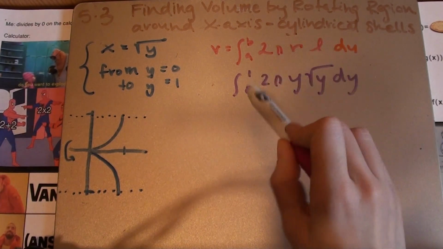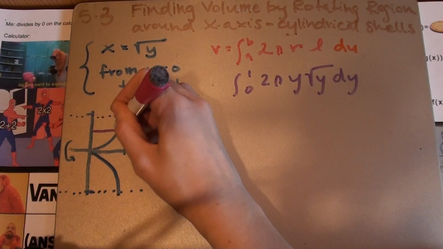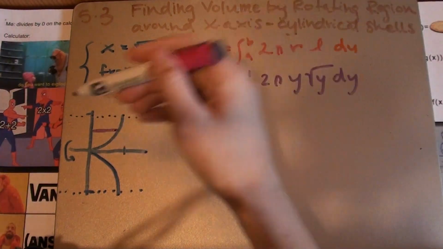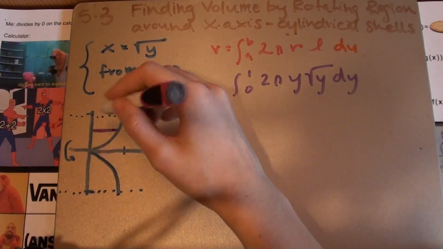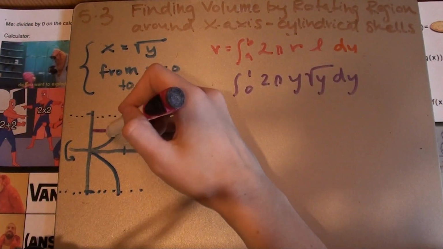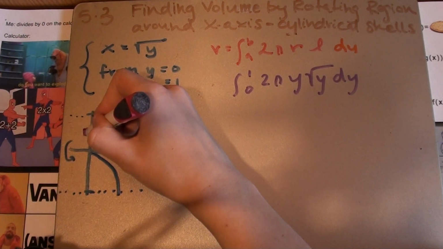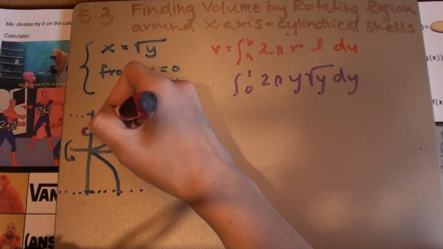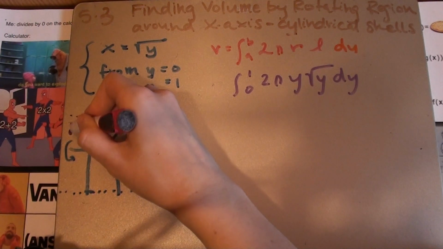It's defined in terms of y, because the rectangle we embedded within our region is parallel. Whenever we use cylindrical shells, the rectangle is parallel to the axis of rotation. Because it's parallel, we're giving it some infinitely small width, and because it's along the y-axis now, we're measuring that width in terms of y, so it's going to be dy.